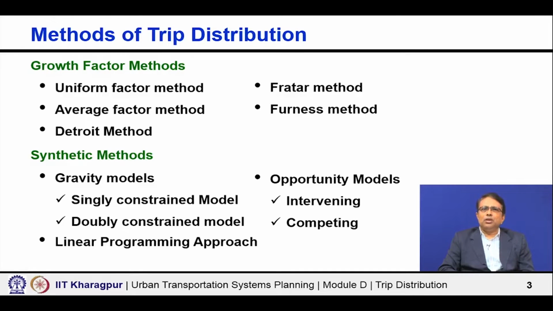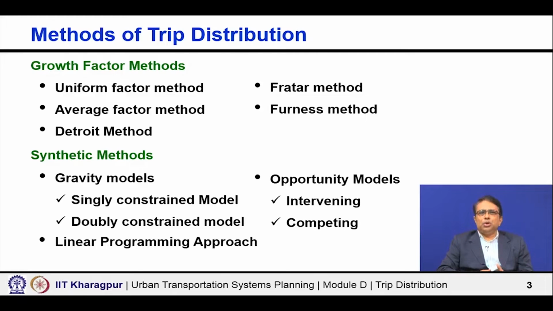And synthetic models are more rigorous, more logical, with reasons built inside, right, and they can be used even to estimate the individual cells. Within that, there are gravity models, opportunity models, and the linear programming approach, so many things can be used and all come under synthetic models.